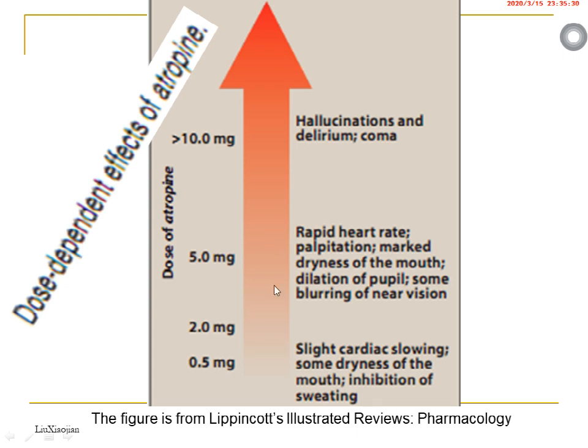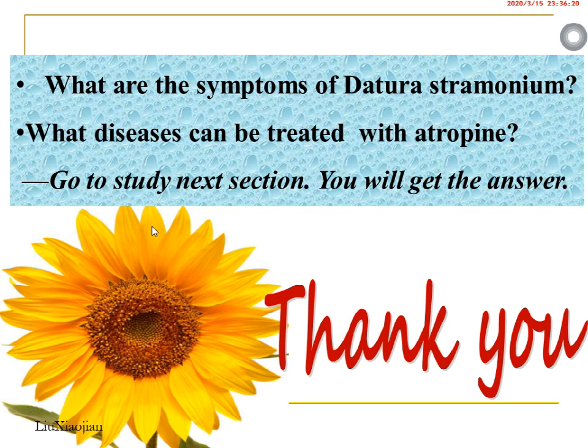With the dose increase, there is further inhibition of gland secretion, and it also induces dilation of the pupil, blurring of near vision, increased heart rate, marked dryness of the mouth, and smooth muscle relaxation. With a further increase, at a toxic dosage, it often induces stimulant effects on the central nervous system, hallucinations, and delirium, even coma. Those are the dose-dependent effects of atropine. Okay, that's all for this section.